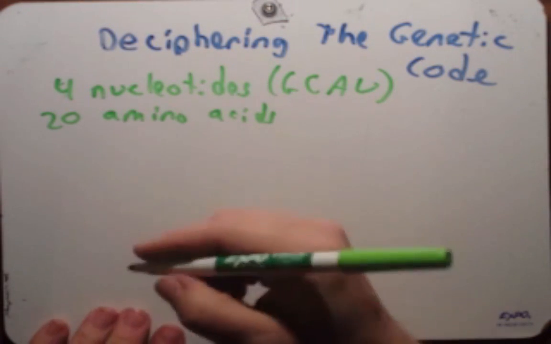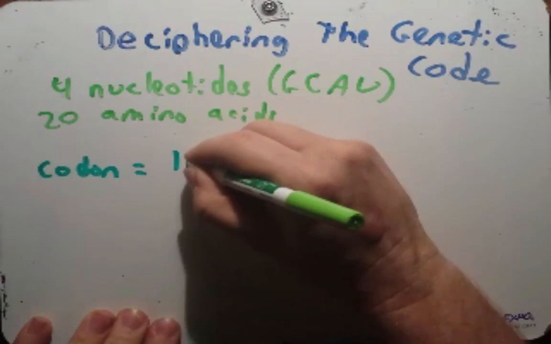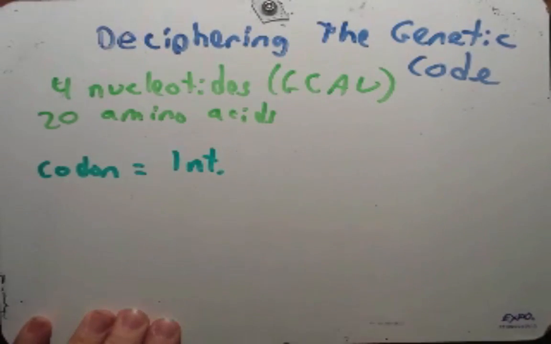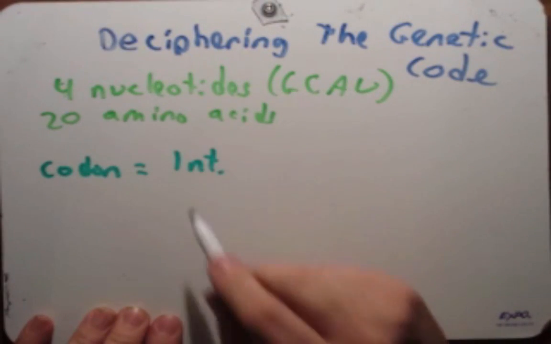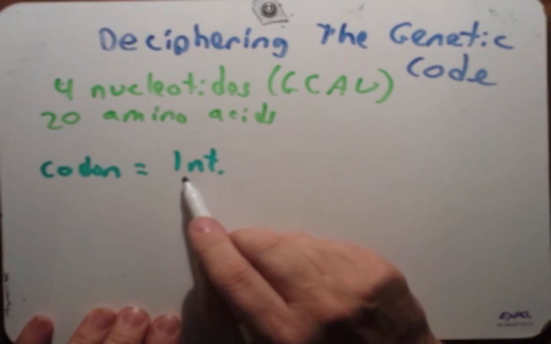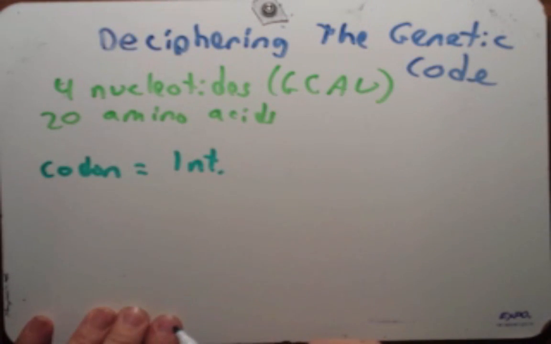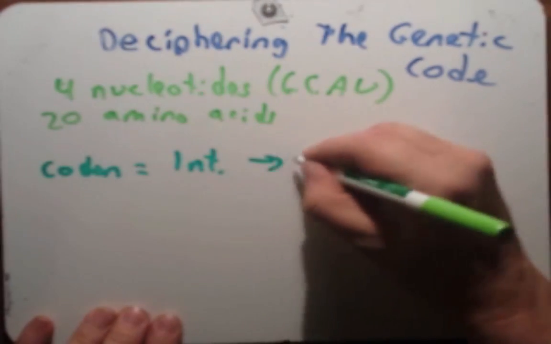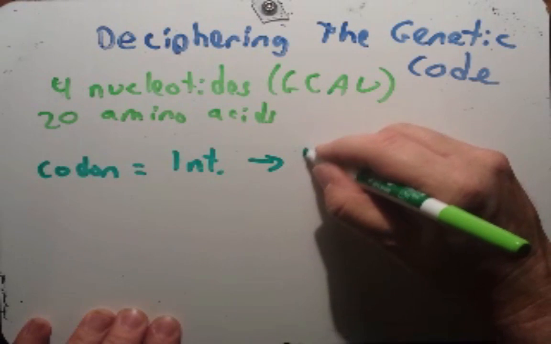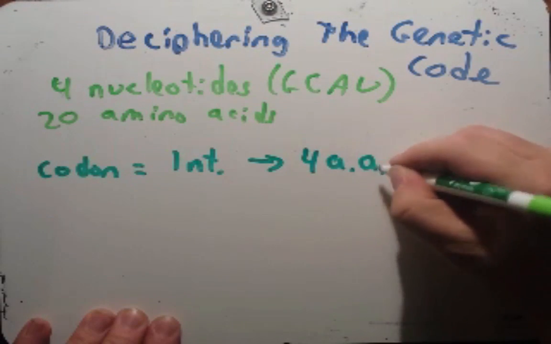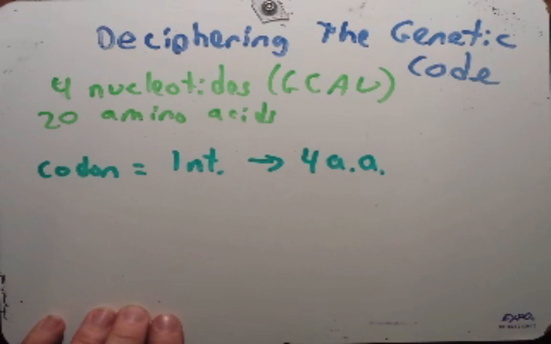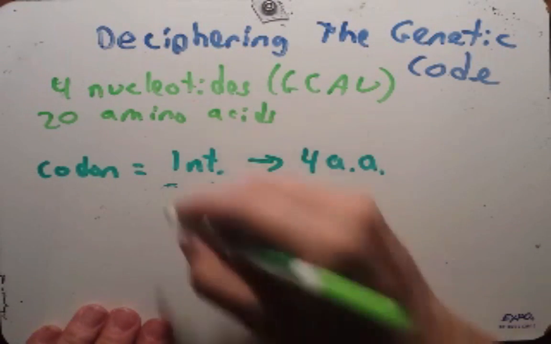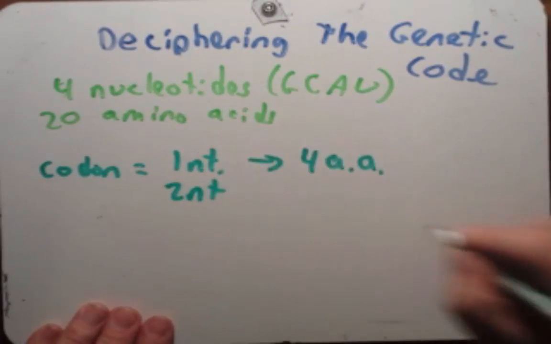Well, if the codon was equal to 1 nucleotide, I'm just going to put NT for abbreviation, then each nucleotide would code for 1 amino acid. That would only result in a code for 4 amino acids, AA for short. Well, that doesn't seem reasonable. So what if the codon was 2 nucleotides?